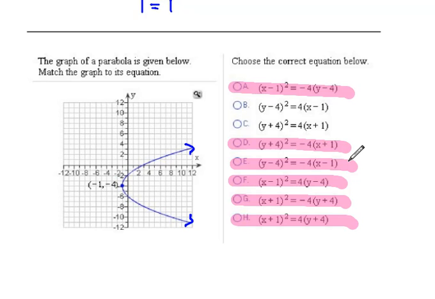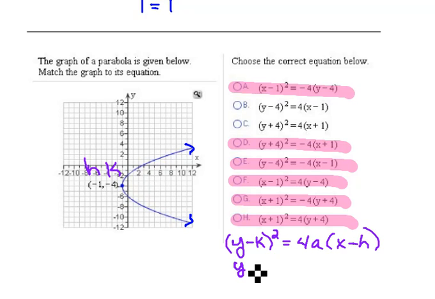The only thing different about these two choices is the positive and negative of the h and the k position. Now look here, we have our (h, k) here is (-1, -4). So remember, if we plug it into the equation, this normal generic standard form is (y minus k) squared equals 4a times (x minus h).